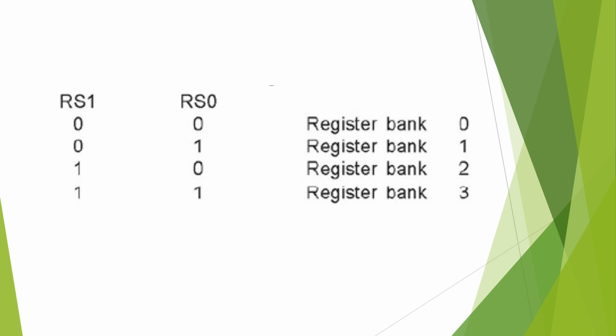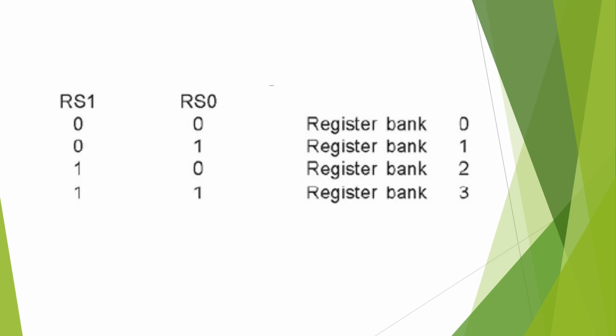For example, if we keep RS1, RS0 equal to 00, register bank 0 is selected. If RS1 is 1 and RS0 is 0, register bank 2 is selected, and if we keep 1 1, register bank 3 is selected.